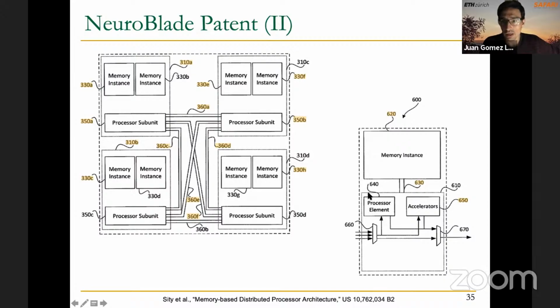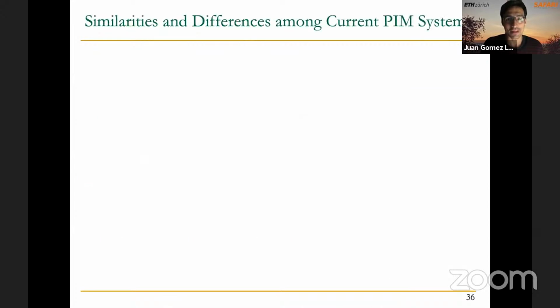Probably this is something like a more general purpose low power processor, and then some accelerators as well. But hopefully in the next edition of this course, I will be able to explain more details about this NeuroBlade and many other new architectures as well.